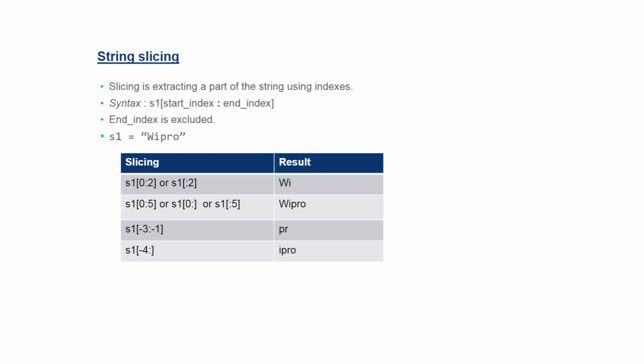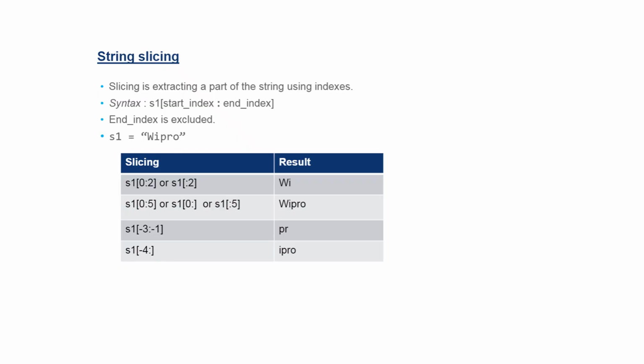So see the first method, S1 of 0 colon 2 or S1 of colon 2, which means it extracts from index 0 up to index 2, excluding 2. 0 to 2, excluding 2, means only WI will be printed in the output.